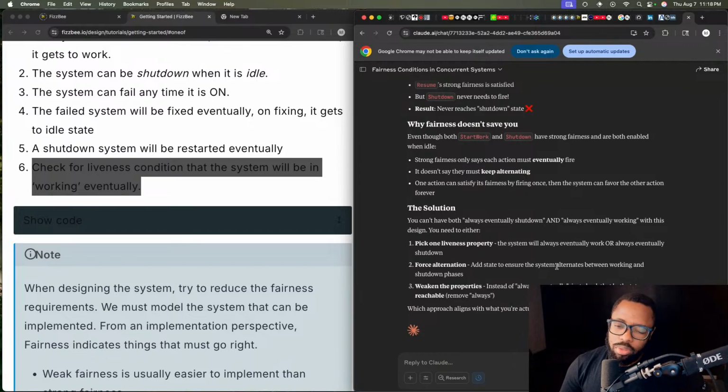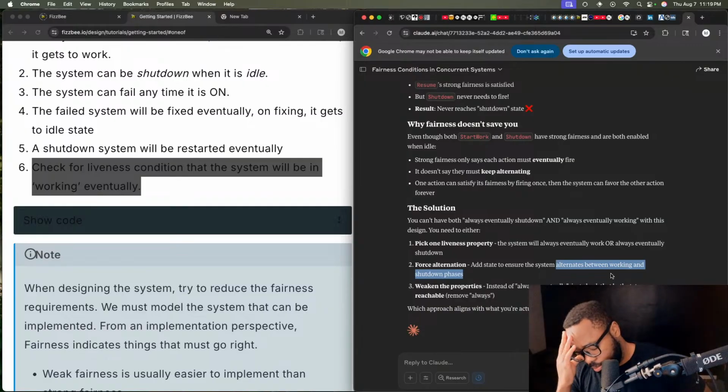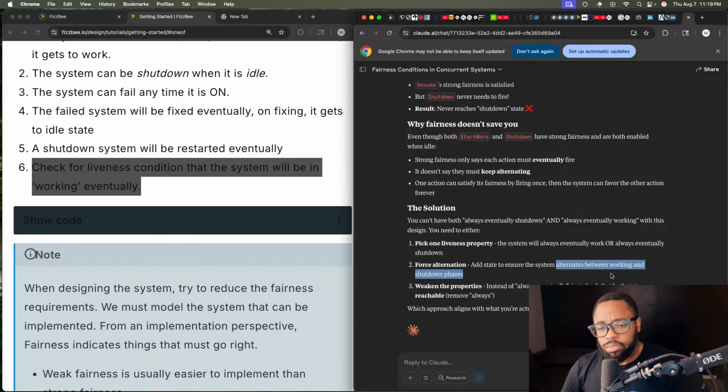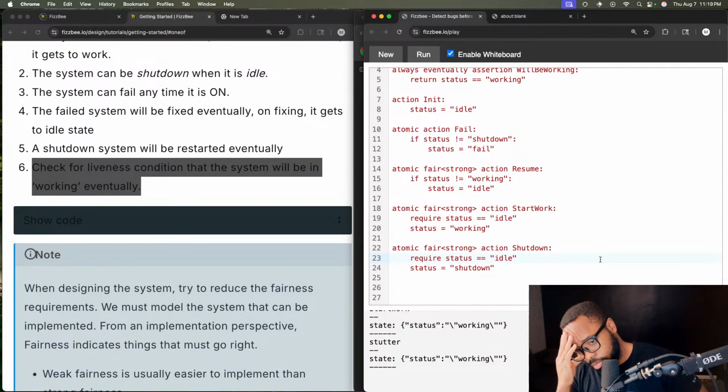I keep forgetting exactly. Okay, so alternate between working and shutdown phases. The original issue is that only one gets picked, and so we need to force the issue.